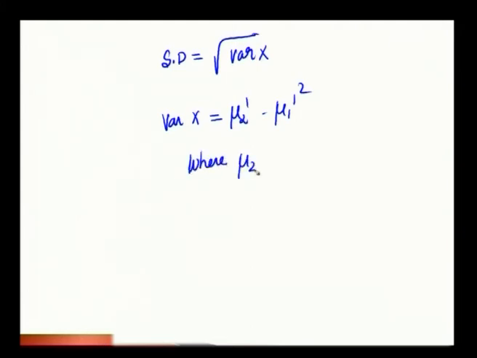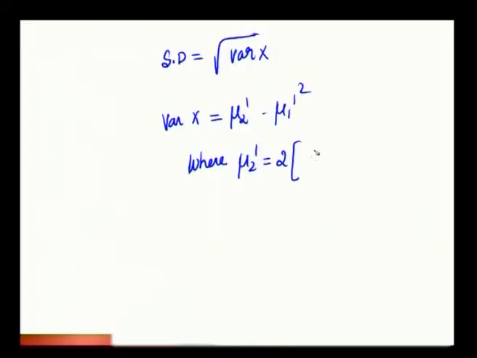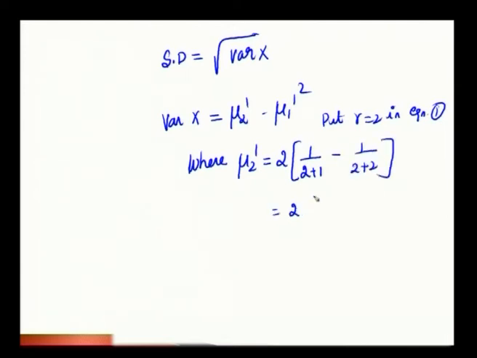Where mu 2 dash is equal to, when you put r is equal to 2 in equation 1, 2 into (1 by 2 plus 1 minus 1 by 2 plus 2), that is 2 into (1 by 3 minus 1 by 4). Simplifying this, it is 2 by 12, 1 by 6. This is mu 2 dash.